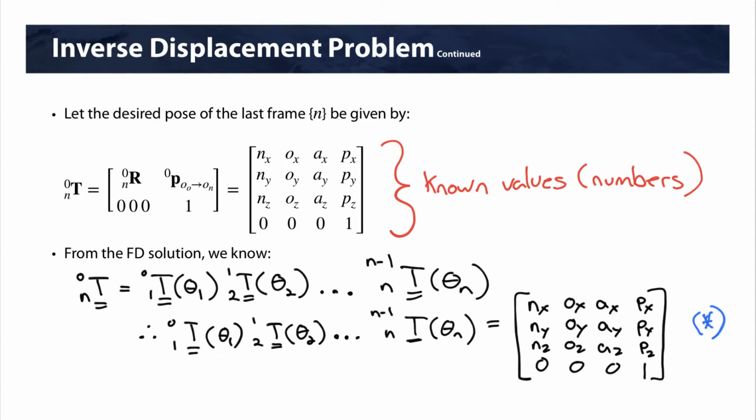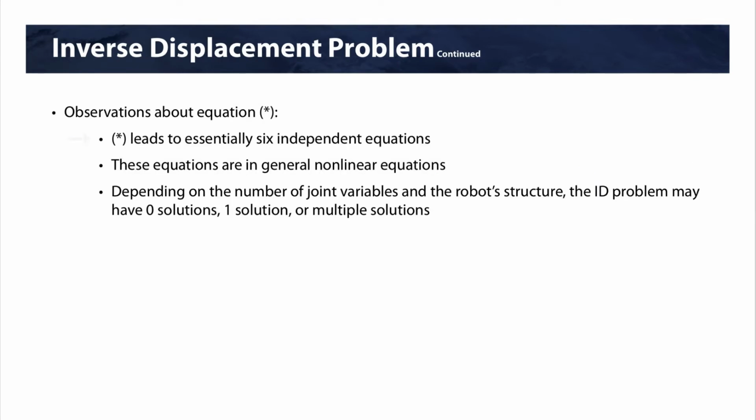But we need to keep in mind that there are actually only 6 independent equations, because although the rotation matrix part gives 9 equations, it's actually just 3 independent equations. We have 3 variables that can represent orientation. We saw that when we looked at, say, fixed angles or Euler angles. We only needed 3 parameters, alpha, beta, and gamma, to represent the orientation. Then we have 3 independent equations associated with the position. So although we have 12 equations, in essence, there are only 6 independent equations.